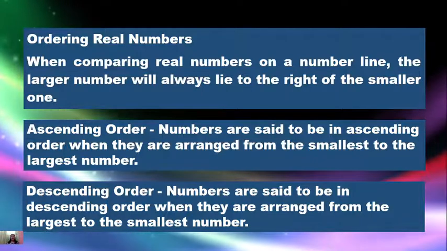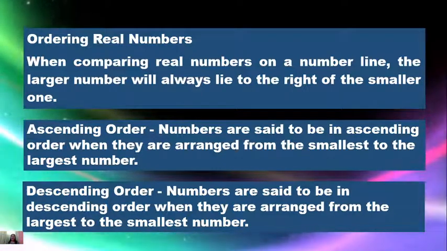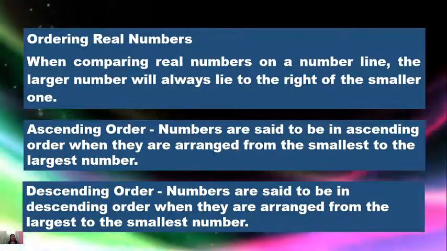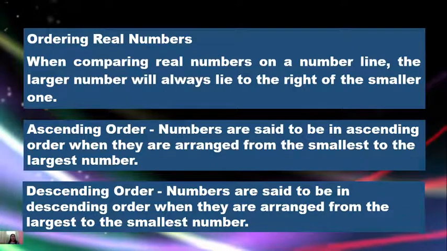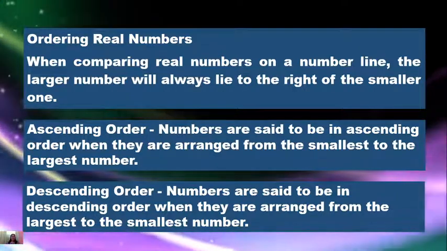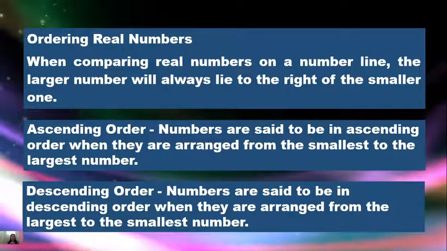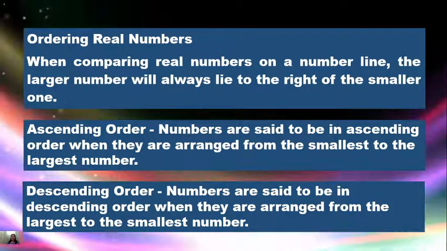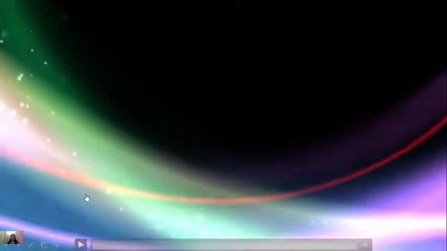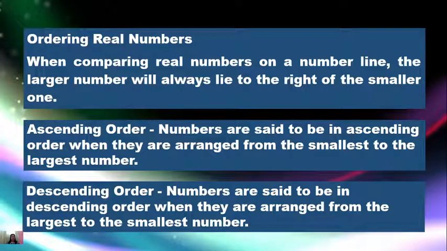So, mauna muna yung 1, 3, and then 5. Tama? So, that is ascending from smallest to largest. 1, 3, 5.